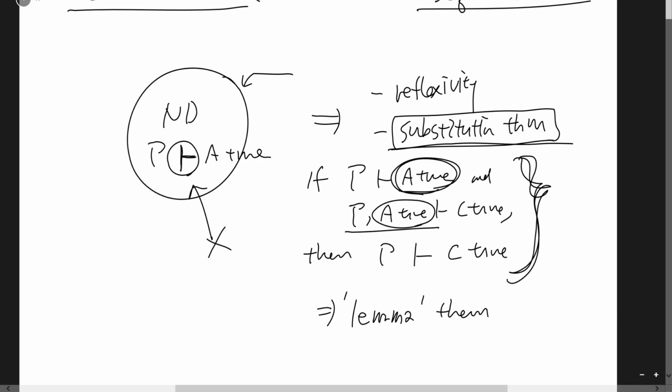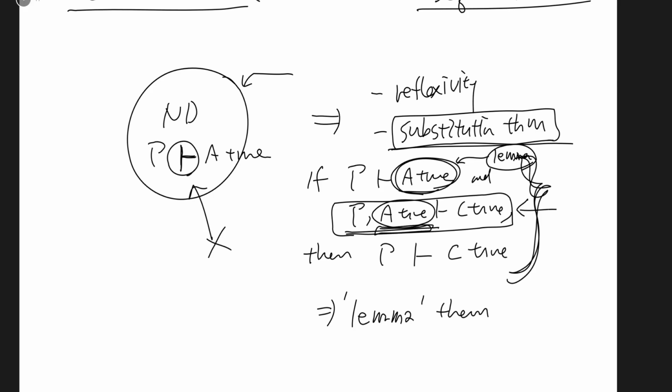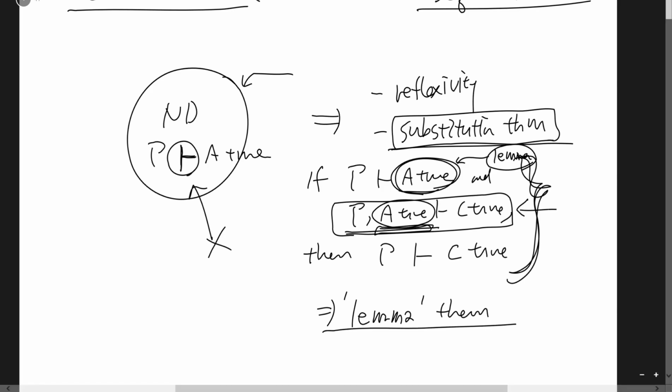So we may assume that in this step we prove A true as a lemma, and in proving this hypothetical judgment, we use A true as a lemma whose proof has been established before. So in the case of a natural deduction system based on this hypothetical judgment, we had to verify this substitution theorem. If it fails, then this is total nonsense.